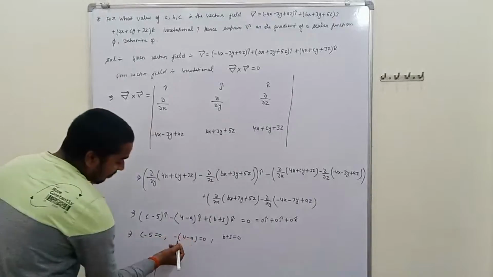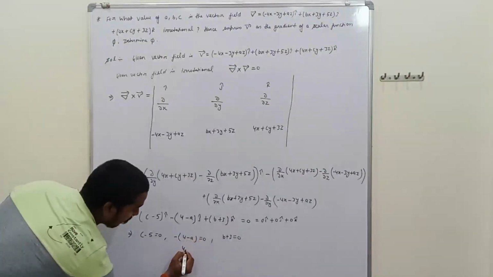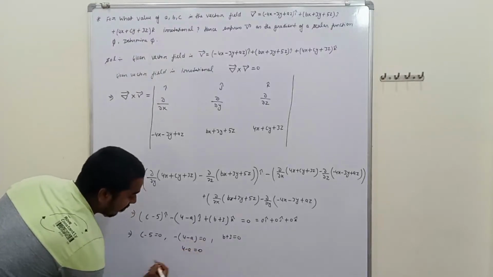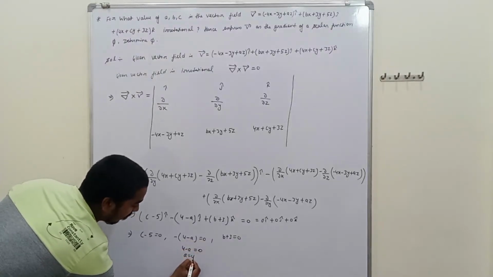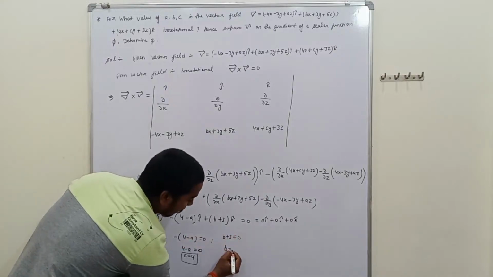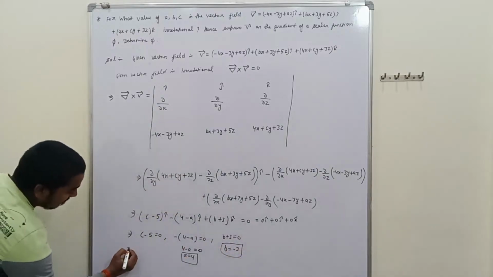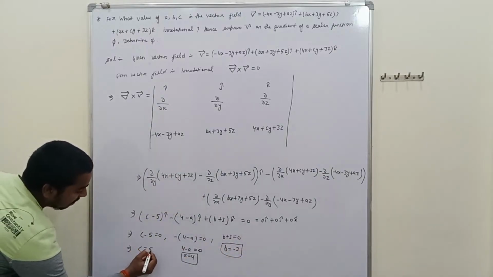We have to solve: minus taken into equal to 0, then the remaining is 4 minus a is equal to 0, so a is equal to 4, and from here b is equal to minus 3, and from here c is equal to 5.